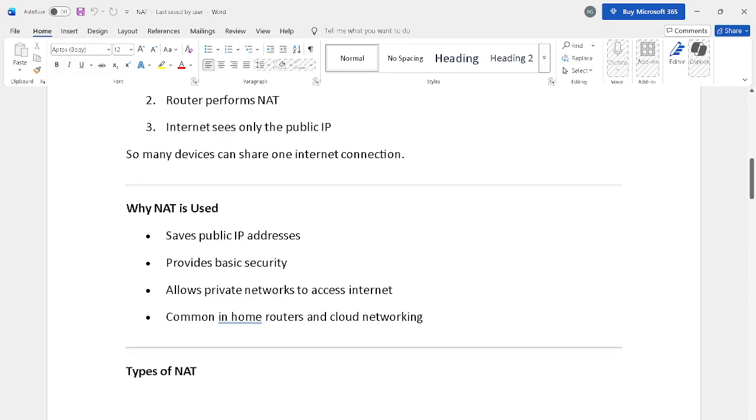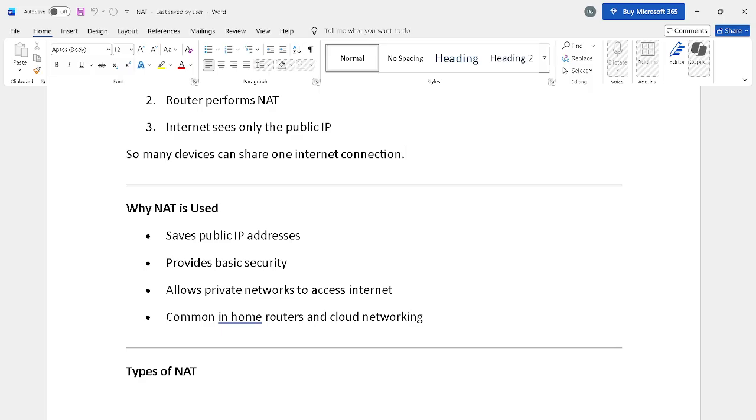Why is NAT used? It saves public IP addresses. Suppose NAT is not there, we would have to assign a public IP to each and every server and each and every laptop. If we have 100 laptops, 100 private IPs are there, and instead we would have to assign 100 public IPs.